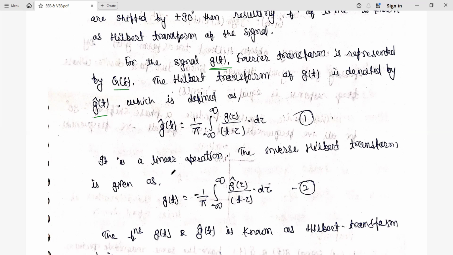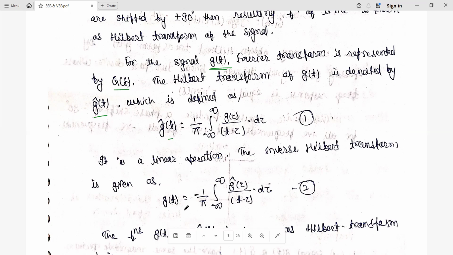If you see, it is a linear operation, and the Hilbert transform has an inverse that we can obtain. Here we have g cap of t, and if you obtain the inverse of this, we'll get g of t.